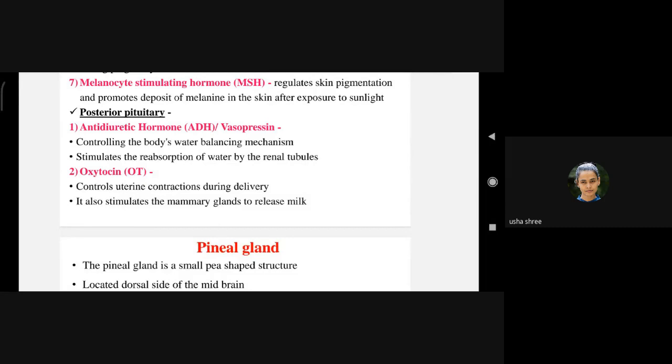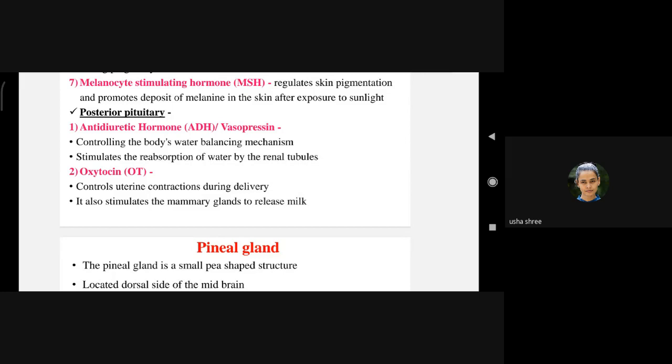Glomerulus. Yes, that is the main capsule, filtering portion. So blood is getting filtered in glomerular filtration, and then proximal tubule, loop of Henle and distal convoluted tubule are there. There, water reabsorption takes place.